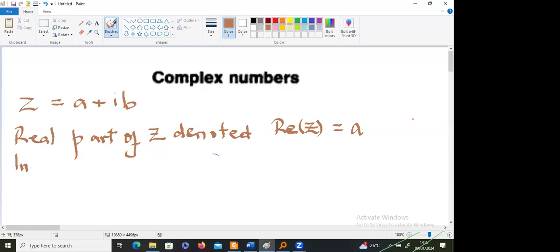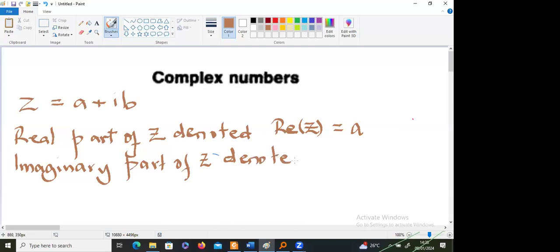We have also another part of the complex number, which we are calling the imaginary part. So what is the imaginary part of our complex number Z? The imaginary part of Z, denoted Im Z, is now the b.